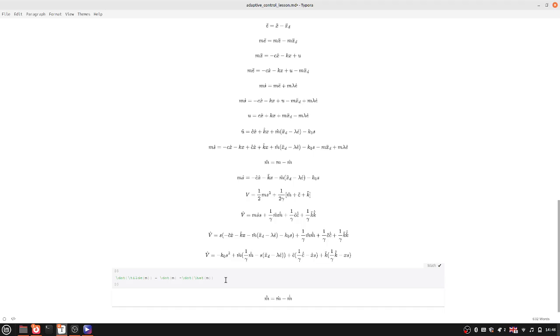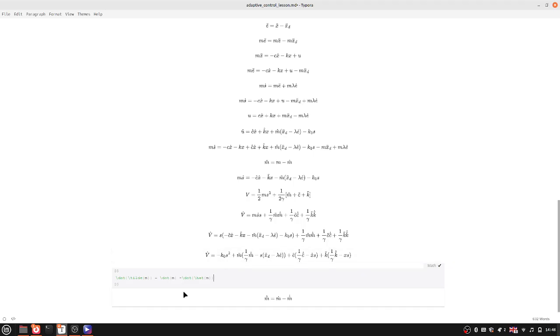Now, if it's constant, the derivative of a constant is 0, so M dot is 0. So M tilde dot is equal to minus M hat dot, and that's good because it means we get to choose M hat dot. It was a guess that we made. So these are our so-called adaptive laws, and we can design them such that these brackets go exactly to 0, and it cancels out all of the M, C and K dynamics and just leaves us with K0 S squared.